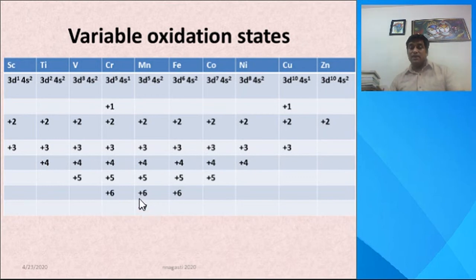But we have mentioned this just to understand the possible number of electrons that can be lost and the possible oxidation states one element can exhibit. Yes, it may not be stable, but the oxidation state is possible for these elements. So this diagram shows the variety of oxidation states of the transition elements starting from scandium to zinc.